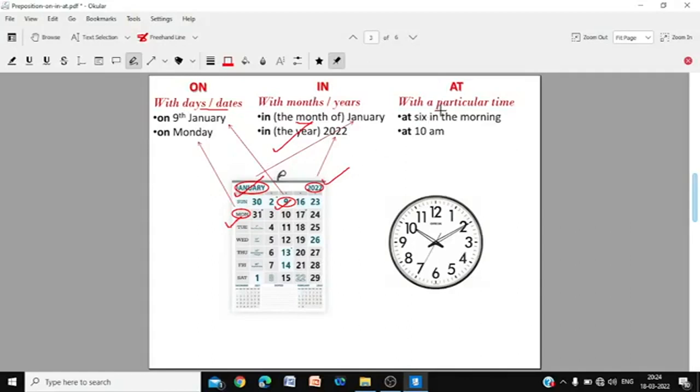And with a particular time we use at: at 6 o'clock, at 10 a.m., at 5 p.m. So days and dates we use on: on 9th, on Monday. Months and years we use in: in January, in the year 2022. And with a specified time, we use at 6 in the morning or at 6 o'clock in the morning.